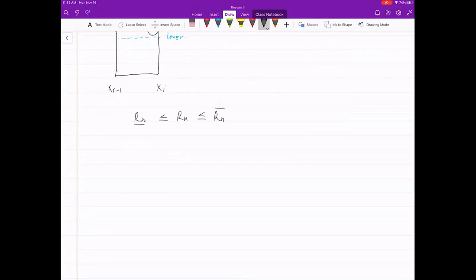Agree? Okay. So how do you make sure that this one has a limit and the limit exists? Looks familiar? You take the limit on the left. You take the limit on the right. How do you make sure that the one in the middle has a limit?